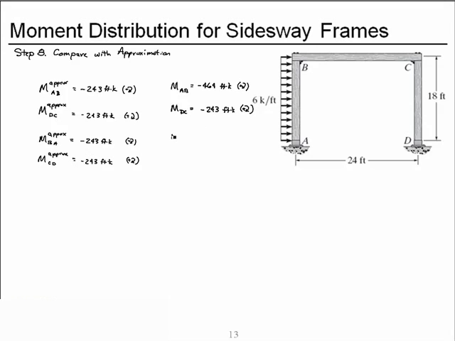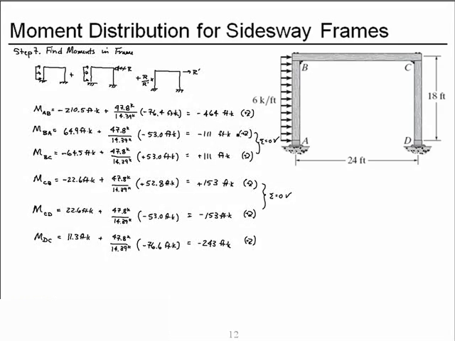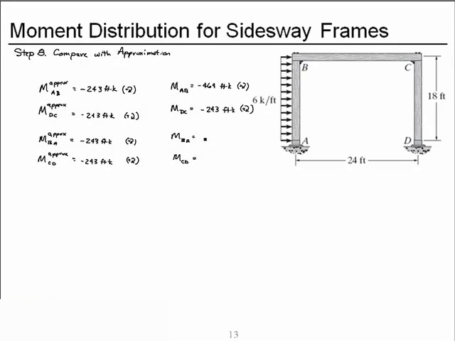Then at the top of the columns, we obtained negative 111 foot kips for the top of column AB and negative 153 foot kips for the top of column CD. So how do those compare?